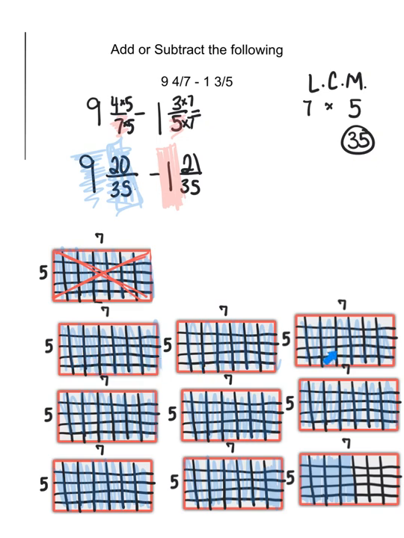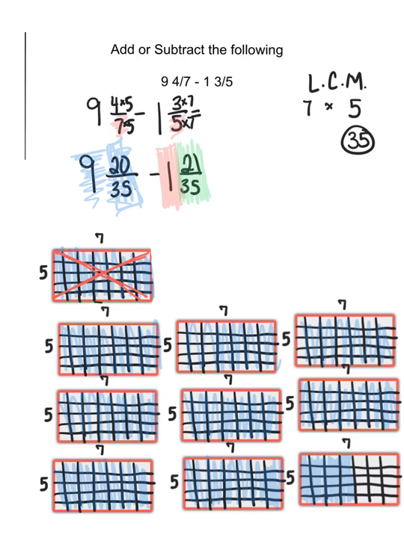So how many wholes does that leave me with? 1, 2, 3, 4, 5, 6, 7, 8, and part of a 9th. So I have 8 wholes, but now I need to also subtract 21 out of 35.